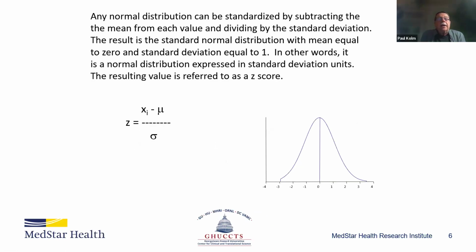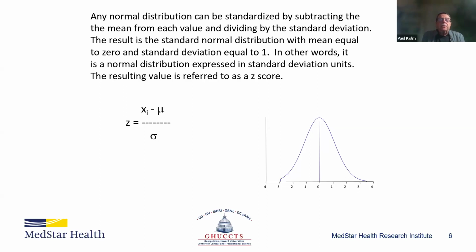And so we can standardize the normal distribution by subtracting the mean from each value and dividing by the standard deviation. Actually, we can do that with any variable that has some interval or continuous measurement.